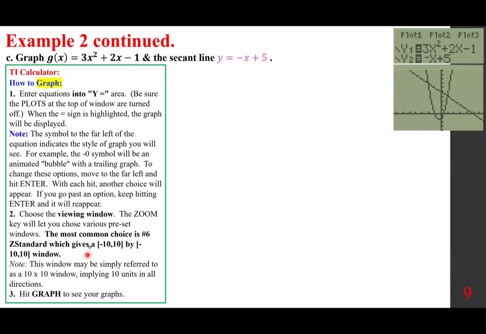You graph it, it will look like this when you hit graph.